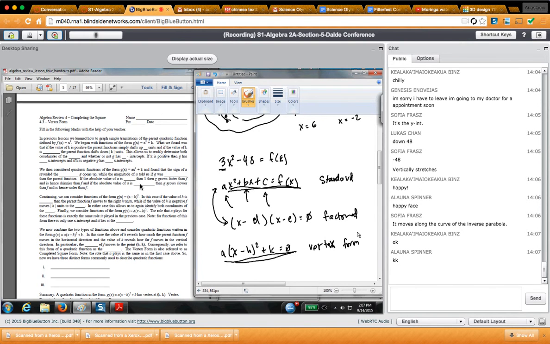All right. This k right here, what do you think that does to the parabola? It moves the vertex up and down. Exactly. Very good. It looks just like our c, right? And this a over here, what do you think that does to our parabola?